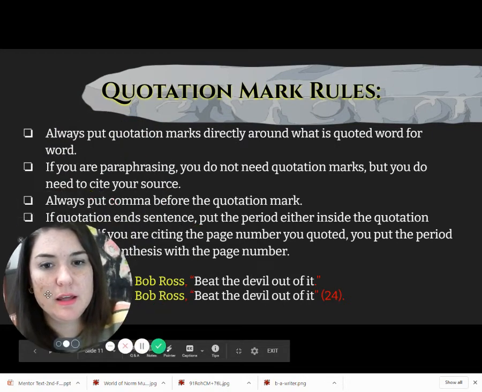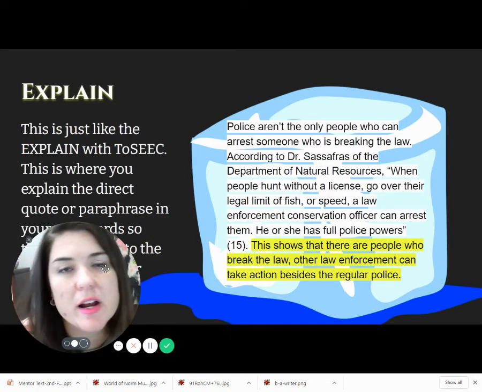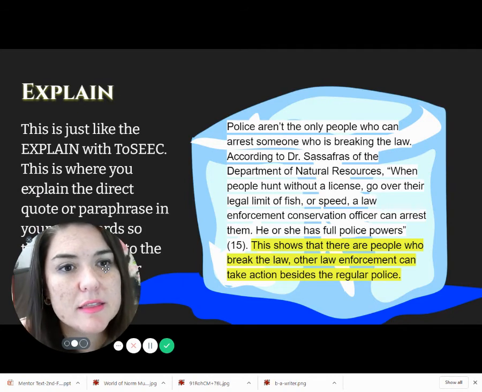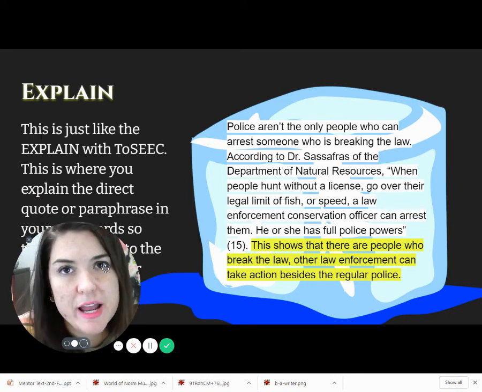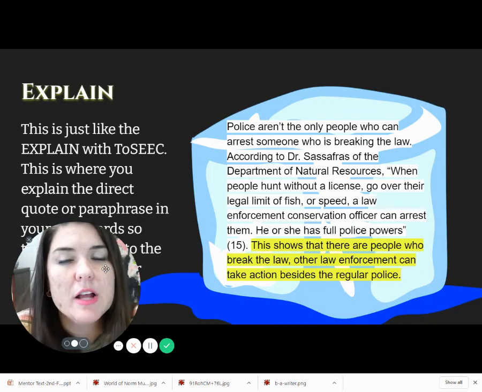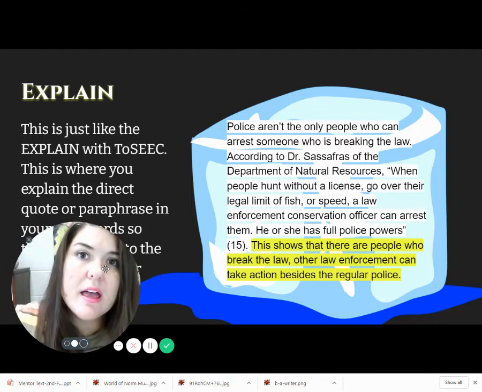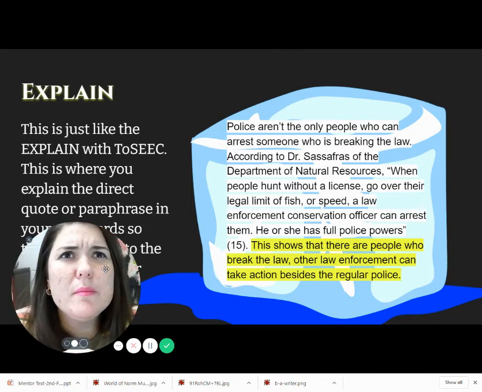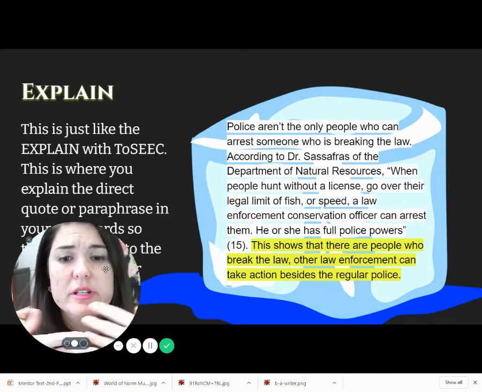All right, now when you do the explain part, this is very similar to what we've talked about with ToSEEC. This is the part where you put it in your own words. Now, again, there are more sophisticated ways to do the explain part. You're going to see in mentor text and different things like that that you don't always have to use these transitions of this shows or this proves.